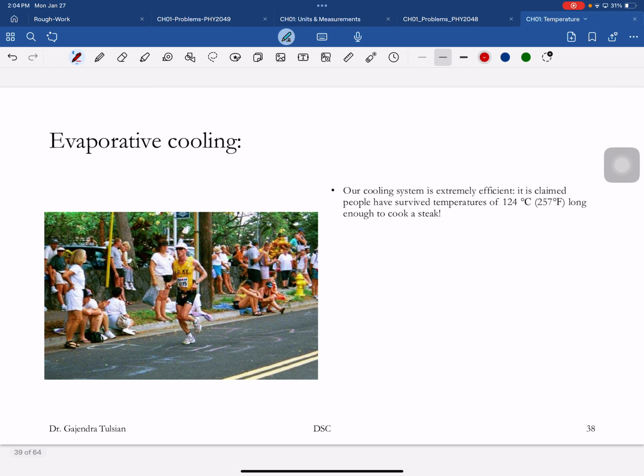Here's a very interesting number. Our cooling system is extremely efficient. It is claimed that people have survived temperatures of 124 degrees Celsius, 260 degrees Fahrenheit.